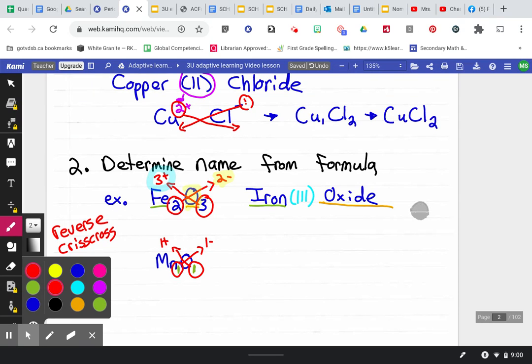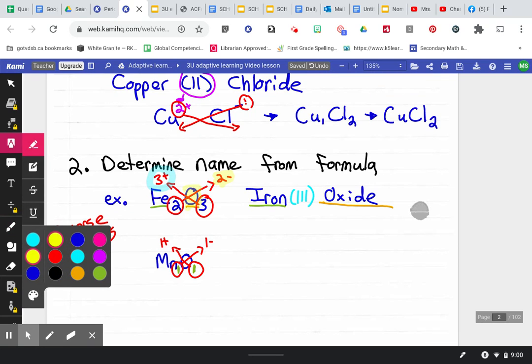But now you have to double check that the ionic charge for your nonmetal is correct. Oxygen has a 1 negative in this reverse crisscross. We know that oxygen's ionic charge is actually 2 negative. So we have to turn this 1 negative into a 2 negative.